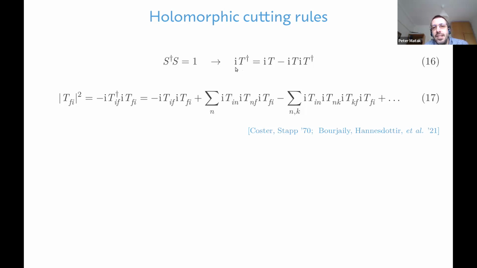So I will write it as iT dagger equal to iT minus this quadratic term, and then I will write down the square, and I will replace iteratively each iT dagger with this equation 16, and I will get a possibly infinite series, but it is always truncated at some order, because when you are working with, let's say, 6 vertices, then you cannot have more than 6 pieces.